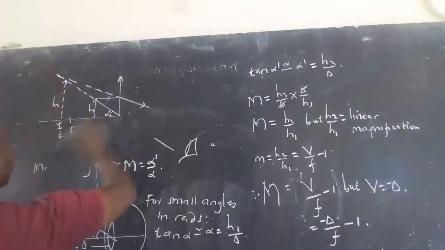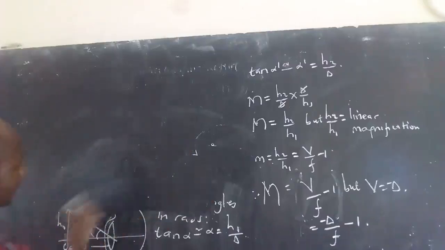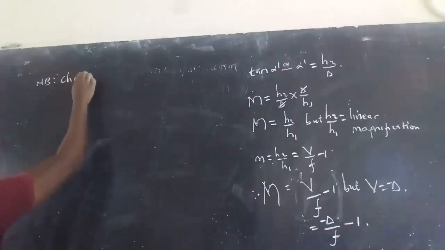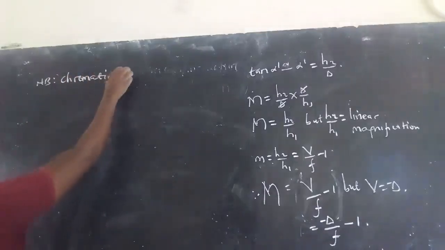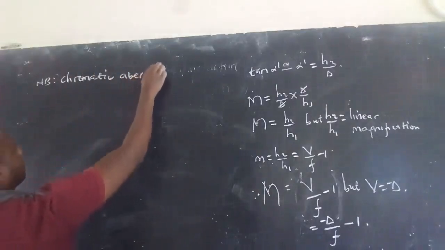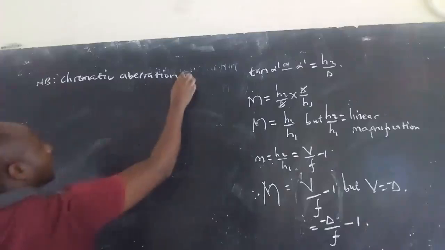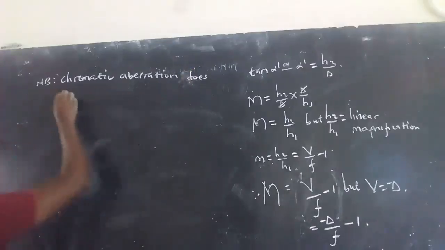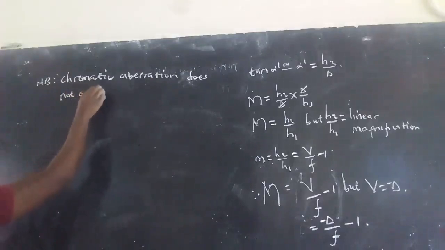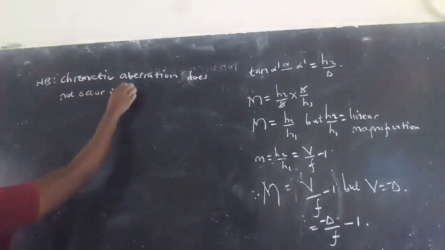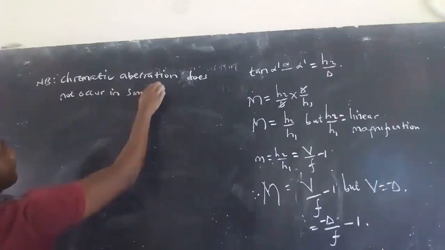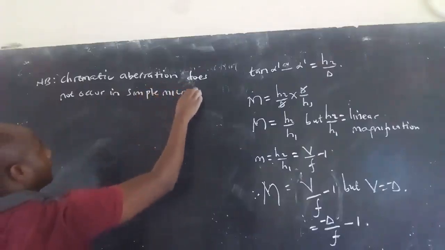So they can ask us, explain why chromatic aberration does not occur in a simple microscope.